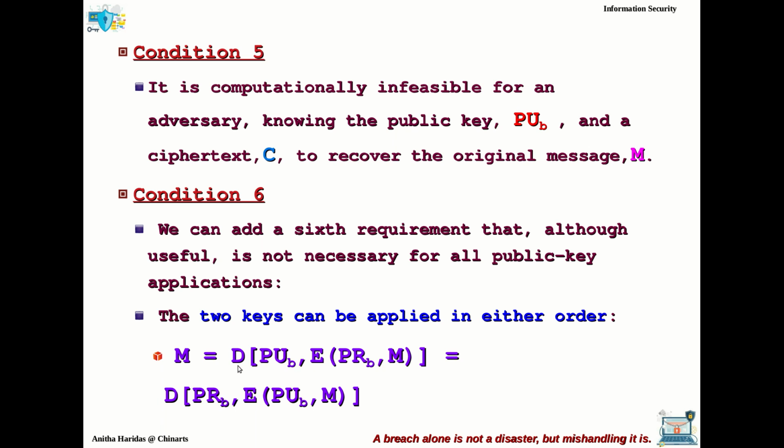You can see here, the private key is used first, then the public key is used, and here the public key is used and then the private key is used. So in whichever order you use the public and private keys, it must give you the same result, right? So these are the 6 different conditions any cryptographic algorithm should possess to call it a public key crypto system.